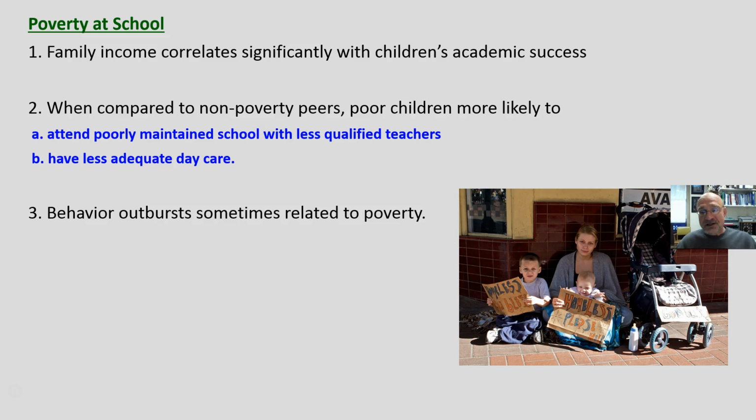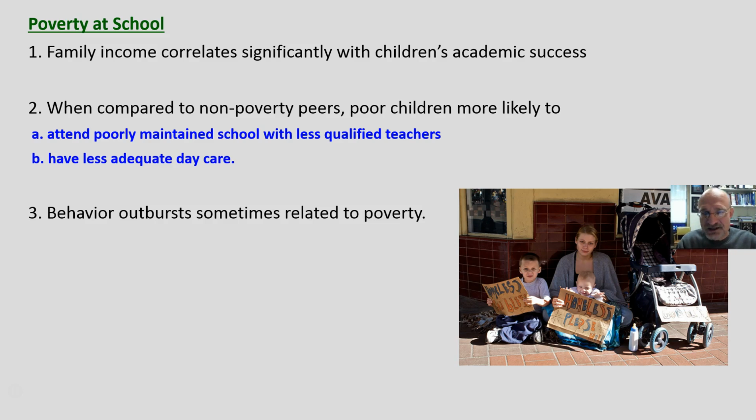And again, it means that there are factors when you're dealing with poverty that prevent students from reaching their full potential. For example, when compared to non-poverty peers, poor children are more likely to attend poorly maintained schools with less qualified teachers.